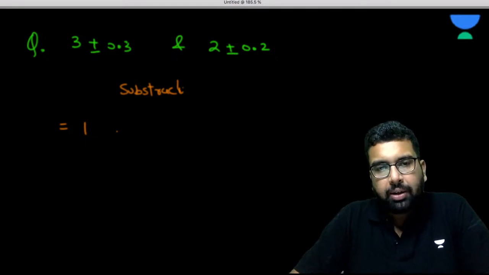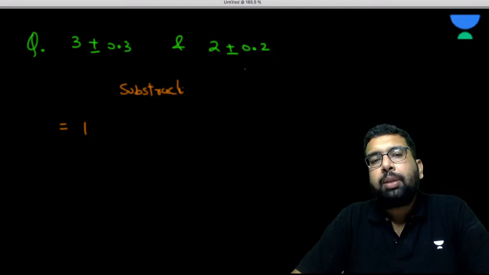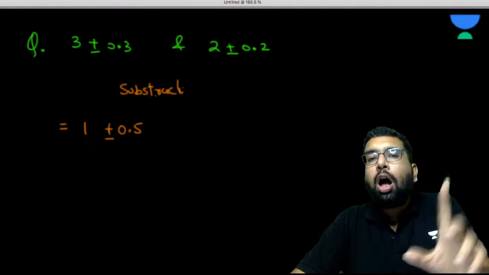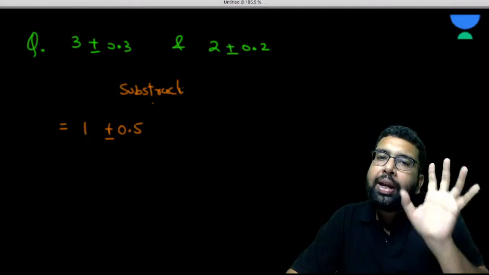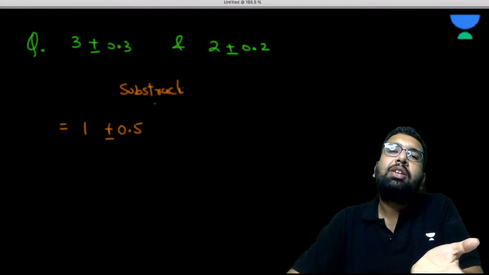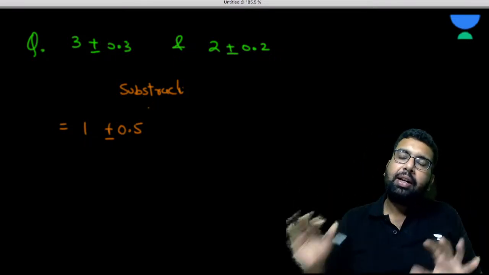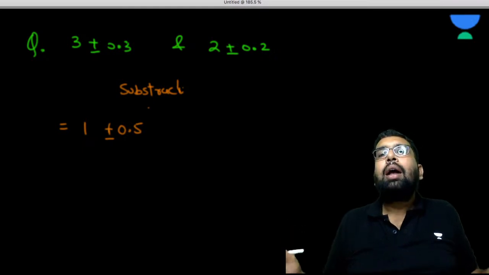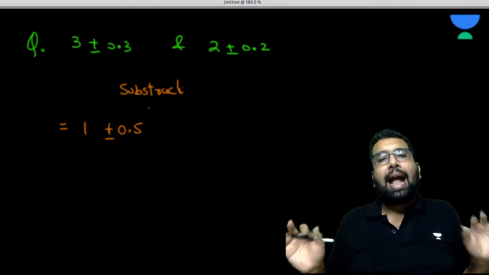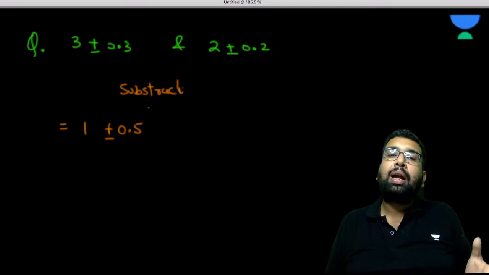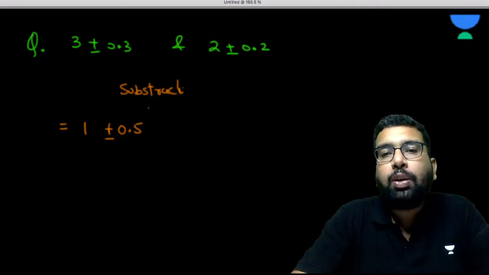So 3 minus 2 is 1. And now 0.3 plus 0.2 is equal to 0.5. Don't subtract the errors, because errors are always added, whether it is addition or subtraction. So 3 plus minus 0.3 and 2 plus minus 0.2, you get 1 plus minus 0.5.